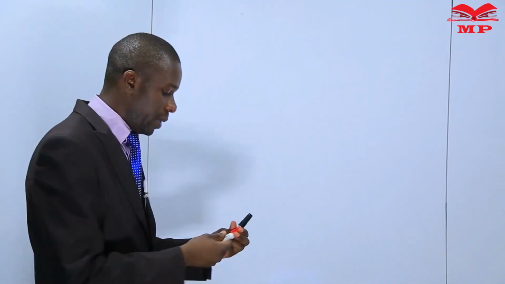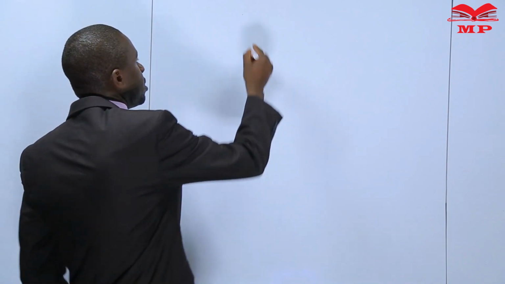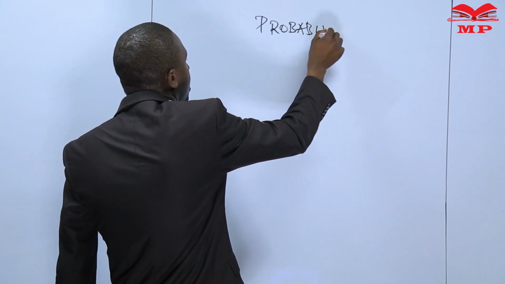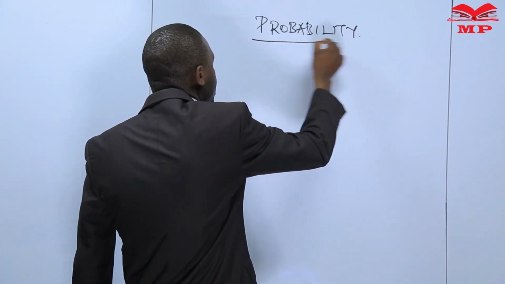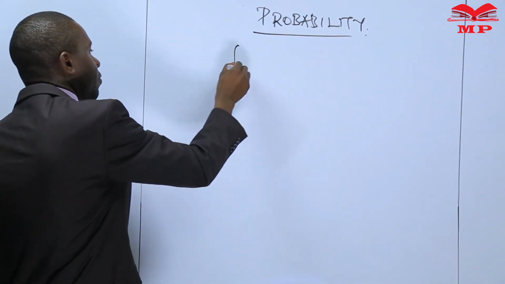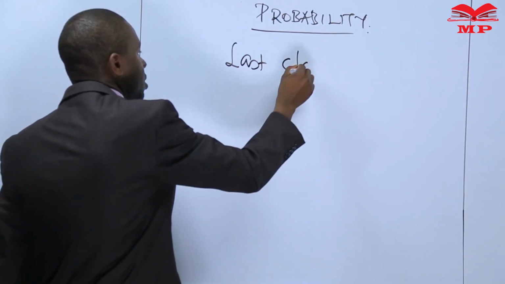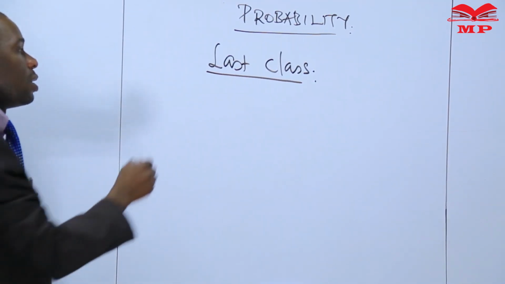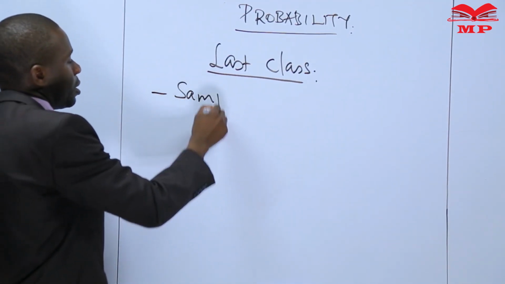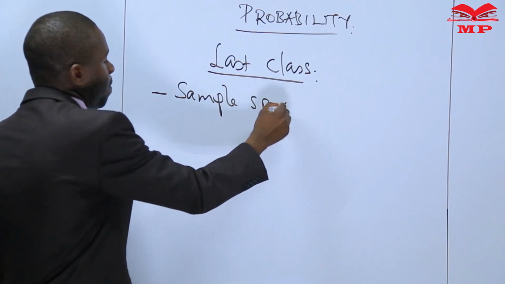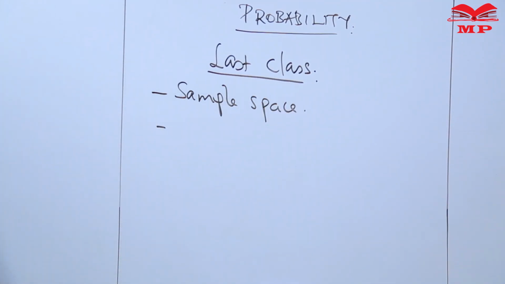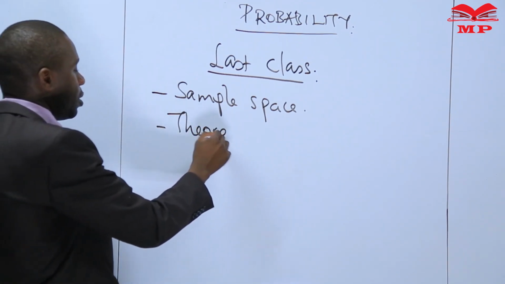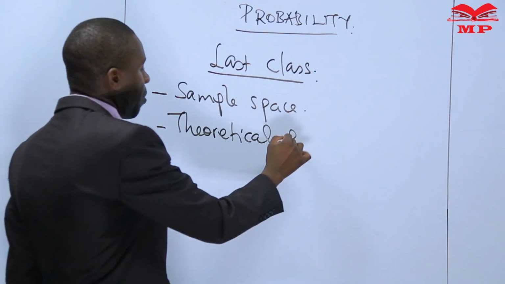And we were also able to look at what we call theoretical probability.